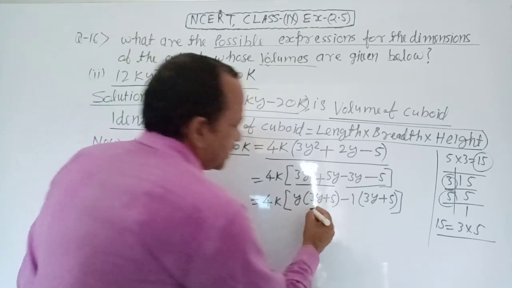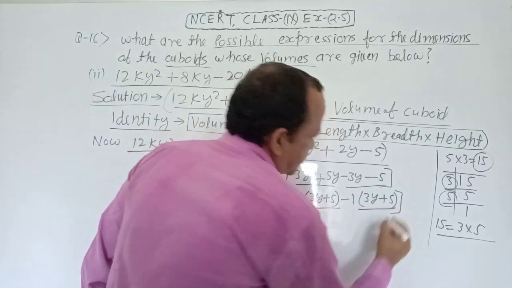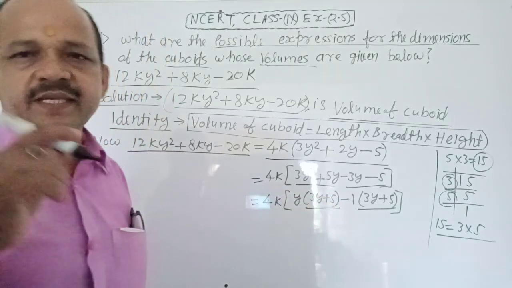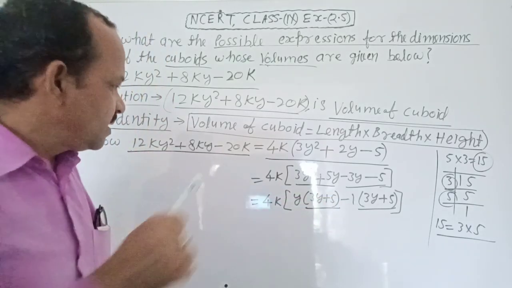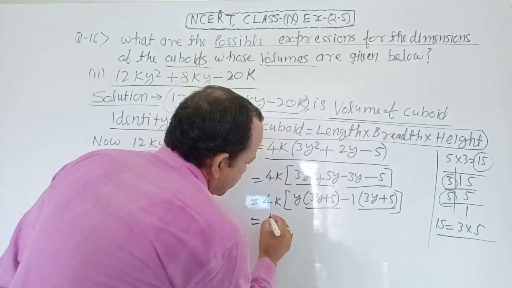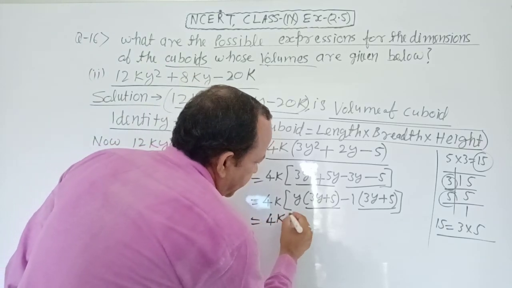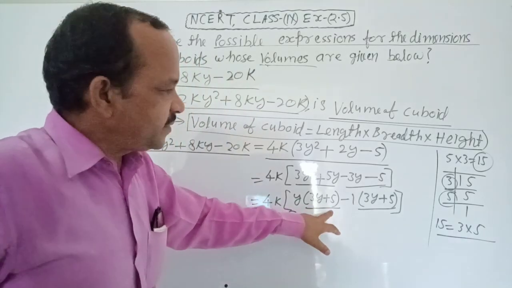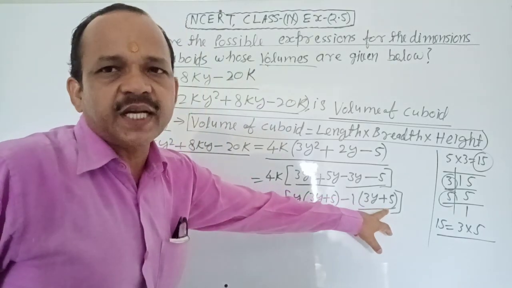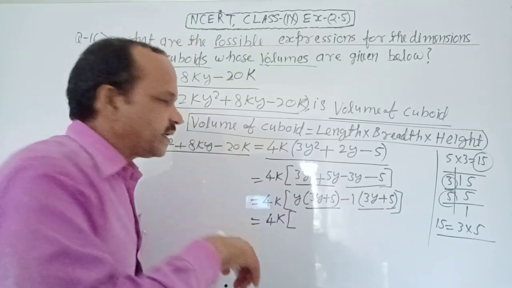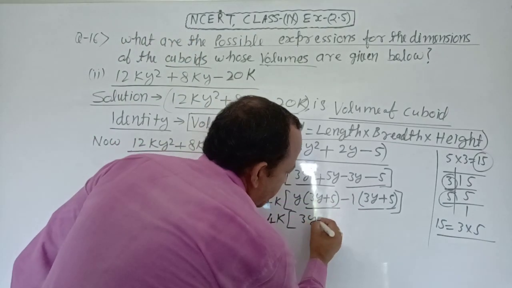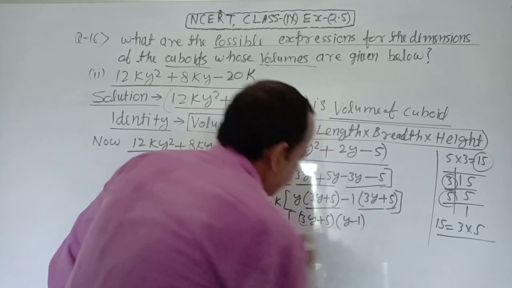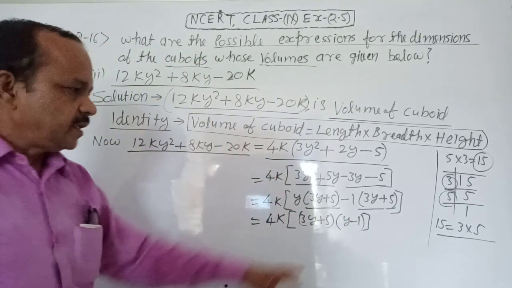It means it is correct. Clear? Here in the first brackets and in the second brackets, 3y plus 5 is the same. It means your process is correct. Clear? Now you can write 4k in brackets. The 3y plus 5 in the first brackets and 3y plus 5 in the second brackets are the same. So you can write in first brackets 3y plus 5, in second brackets y minus 1. It is clear?